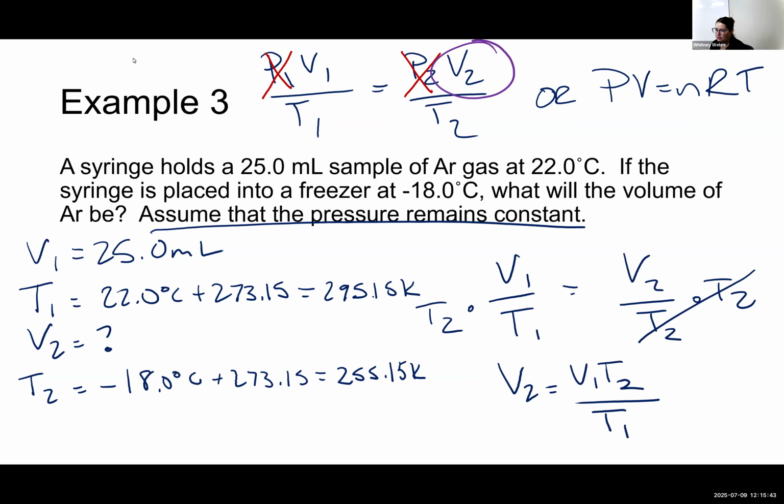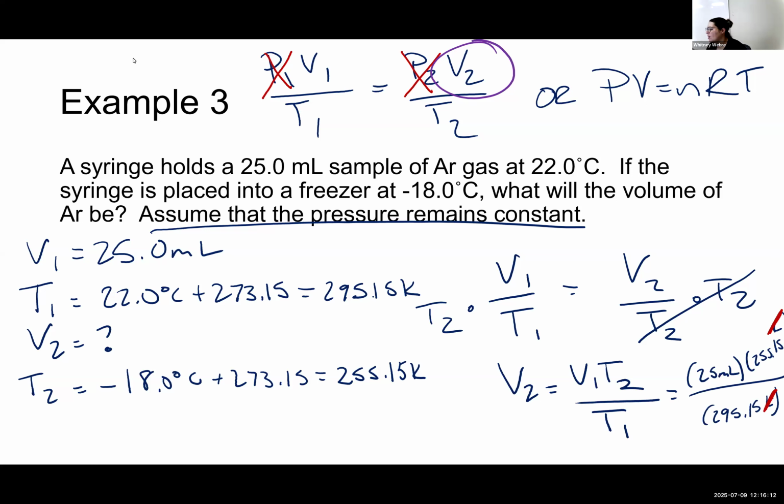That would be the rearrange. The Kelvin units will cancel and your answer will be in milliliters, the same unit that you had for your other volume.